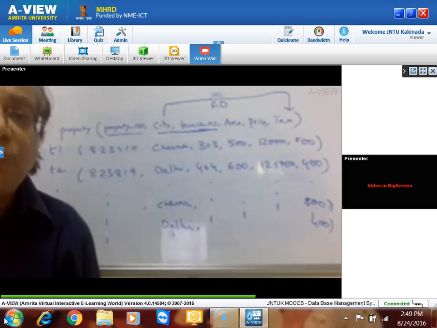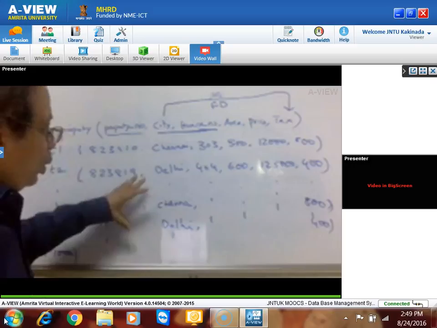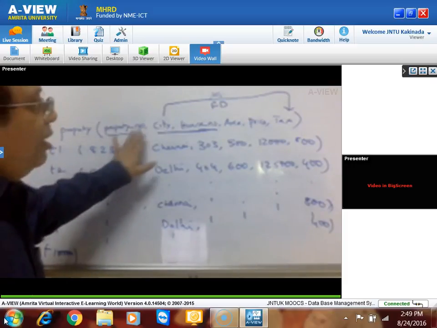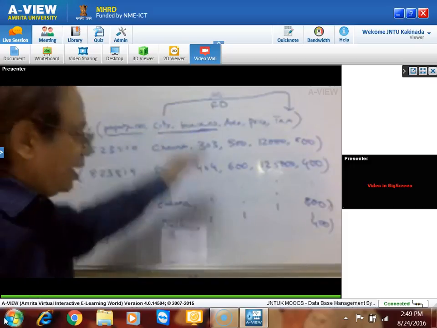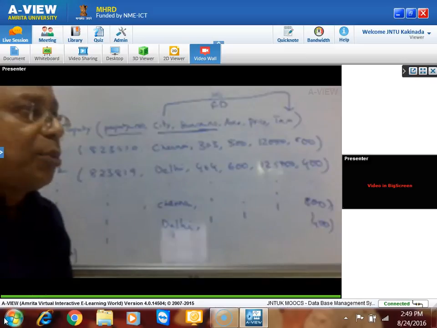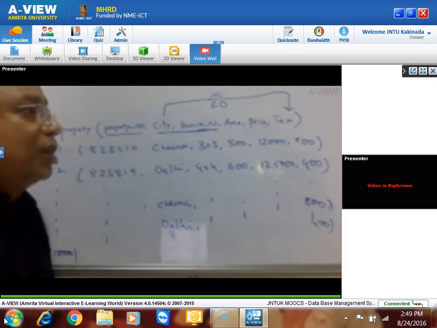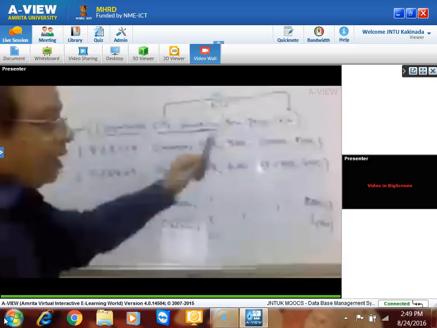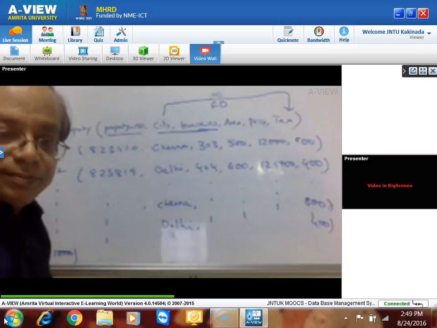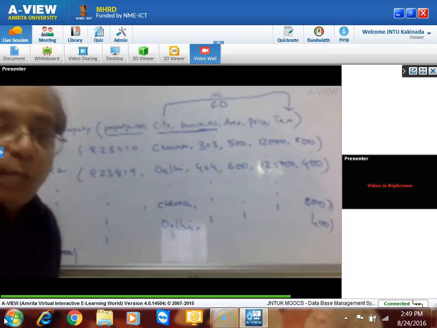If I store all my data into my system with this relation and this functional dependency, what is one of the problems I am likely to get into because of this dependency between city and tax? Can anybody put it into the chat box?